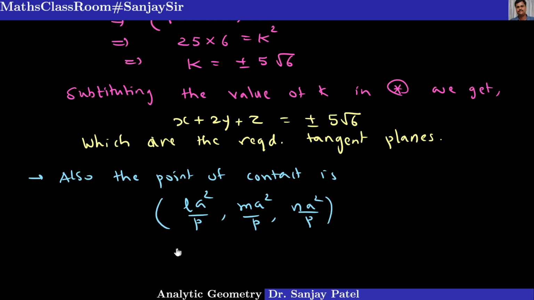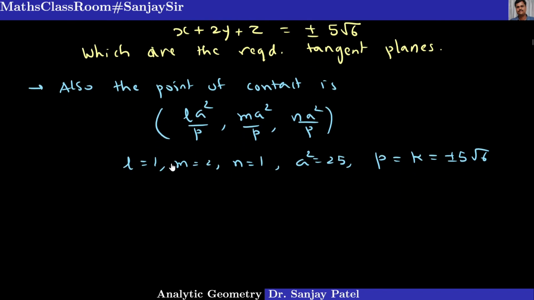Just recall that here L is equal to 1, M is equal to 2, and N is equal to 1. And A square is equal to 25. And what is P? P is nothing but K, which we have obtained as plus or minus 5 root 6. So putting this value, we'll get two points of contact for the two different planes.